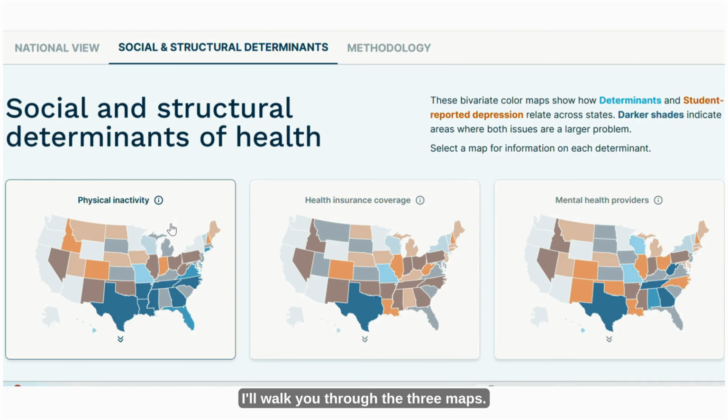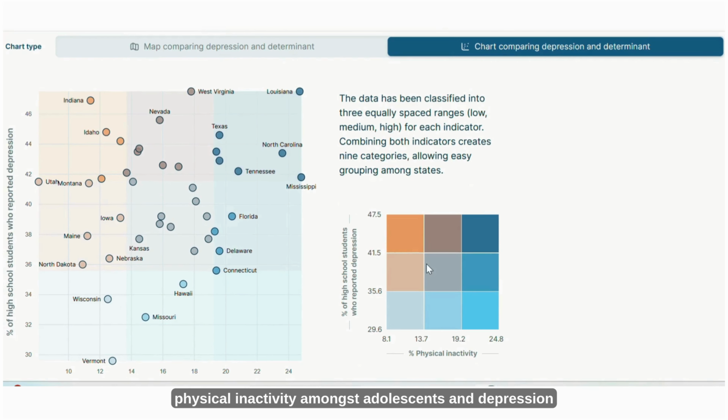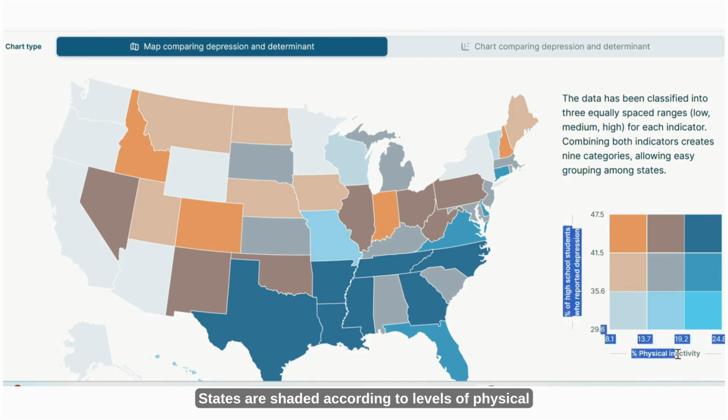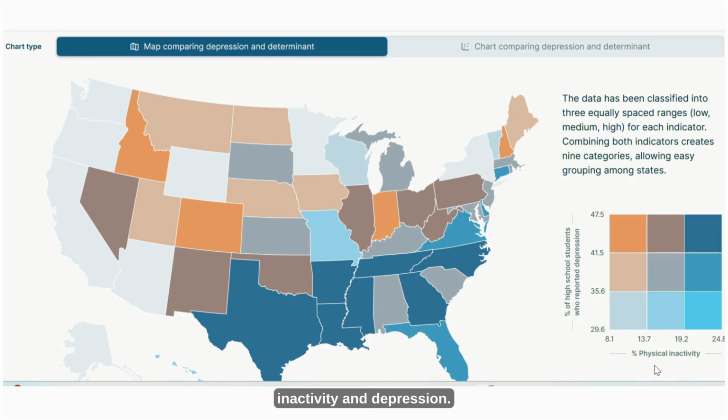I'll walk you through the three maps. The first map displays the relationship between physical inactivity amongst adolescents and depression rates at the state level. Use this map to explore whether states with higher inactivity also report higher depression prevalence. States are shaded according to levels of physical inactivity and depression.